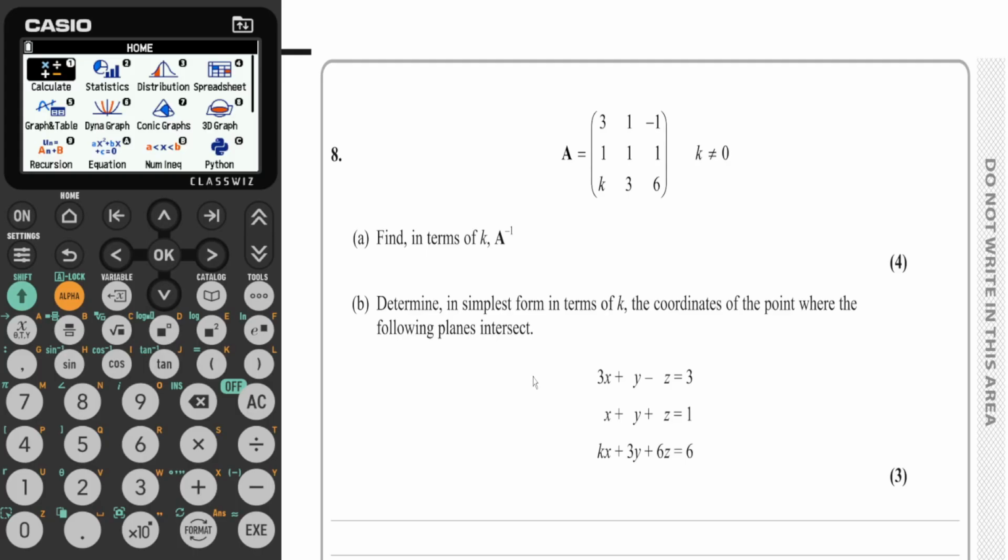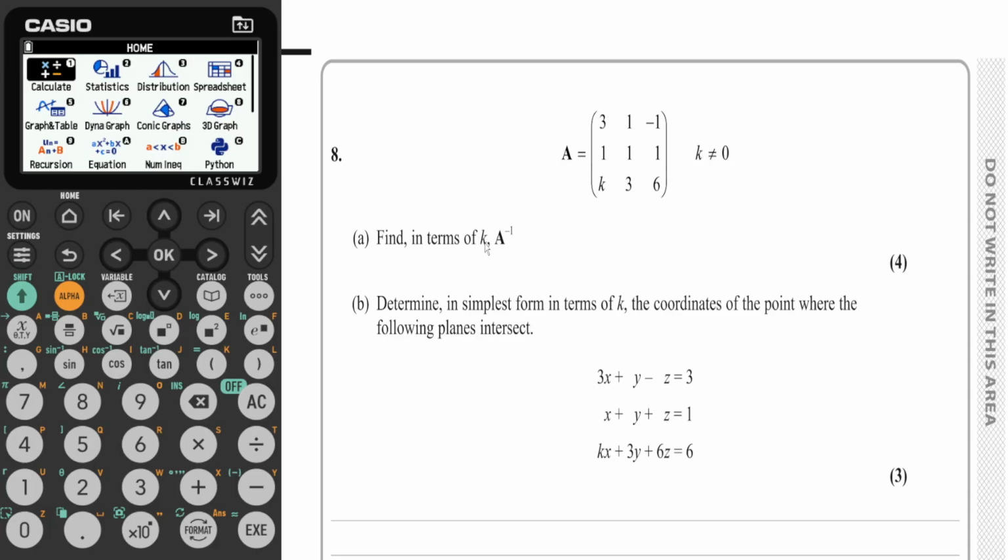Question number 8. We are given the matrix A, and this is equal to 3, 1, negative 1, 1, 1, 1, k, 3, 6, where k doesn't equal 0.